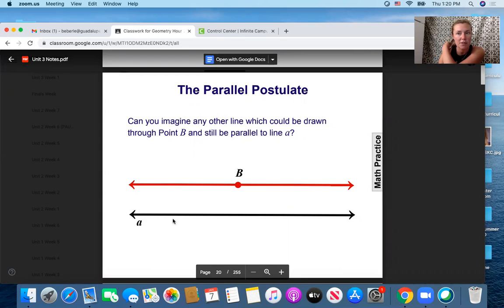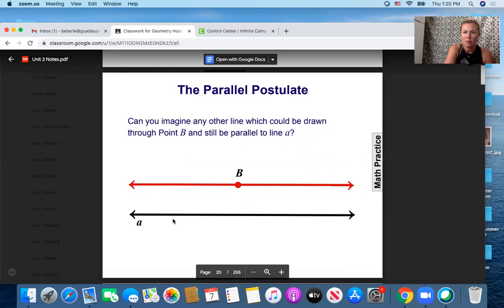Go ahead and type yes or no, and then we'll all hit send at the same time. All right, ready? 1, 2, 3. I got one answer, guys.